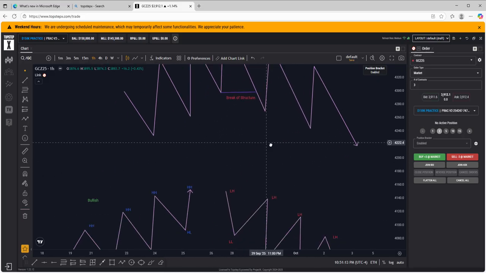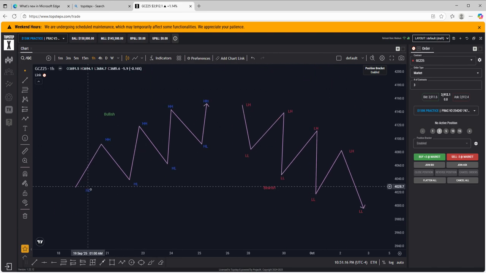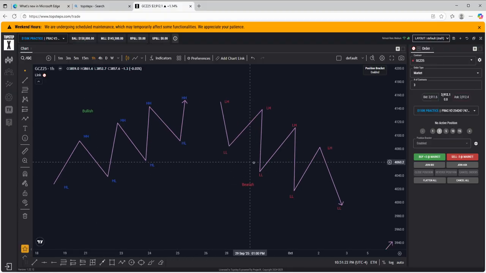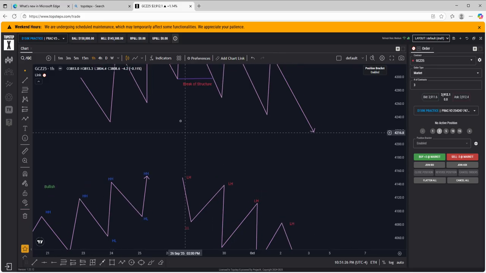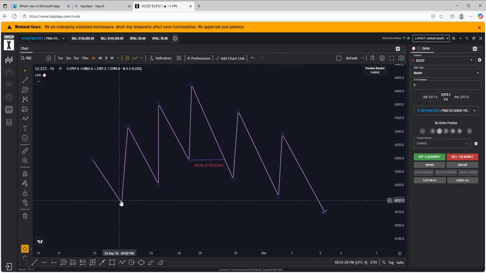Now, let's look down here. We have our higher lows, higher highs, higher lows, higher highs. Cool, that's for our bullish trend. For our bearish trend, lower high, lower low, lower high, lower low. Now let's look here. Lower high, higher low, higher high, higher low, higher high, higher low, higher high, lower low.